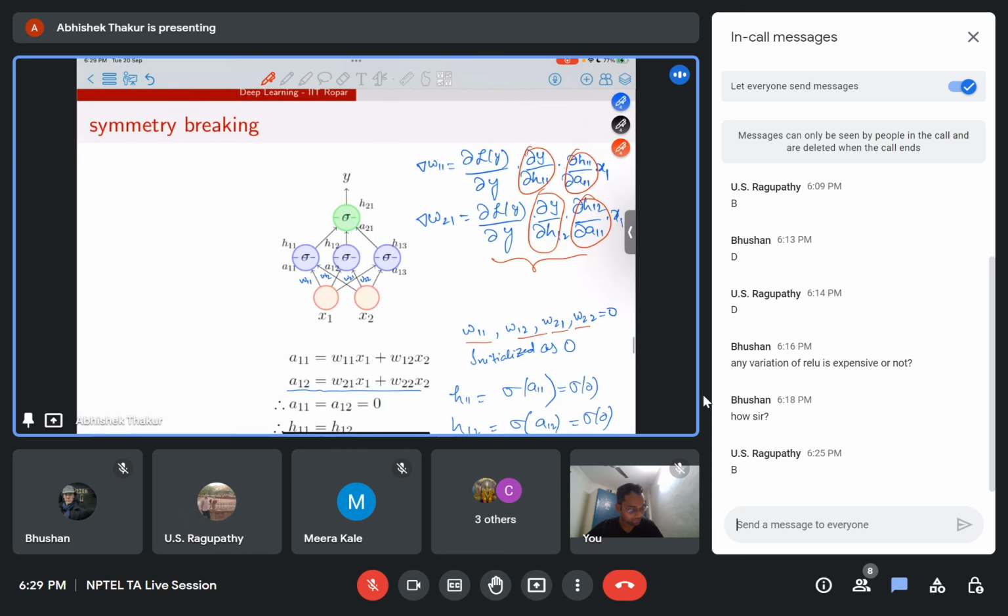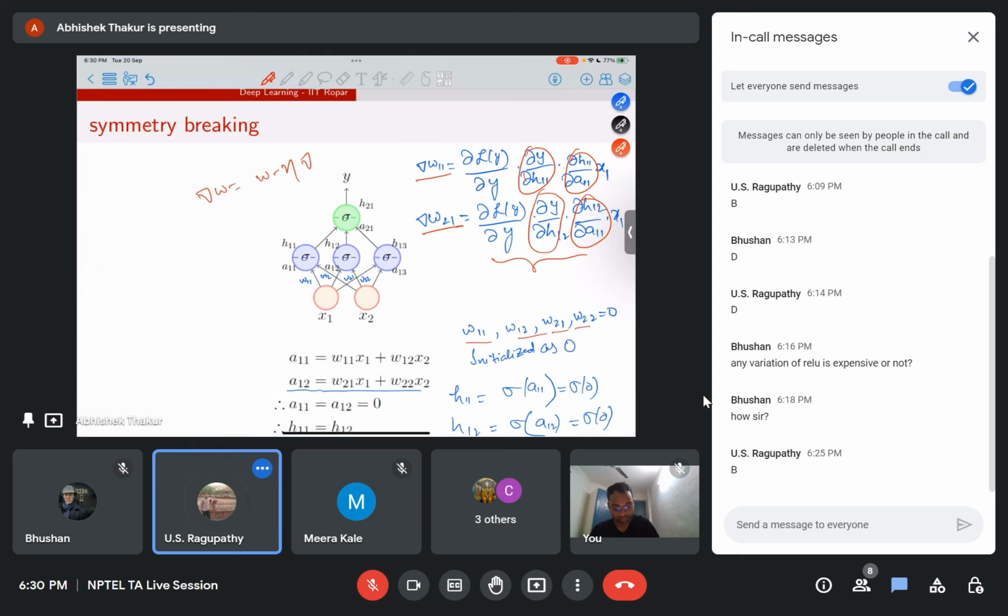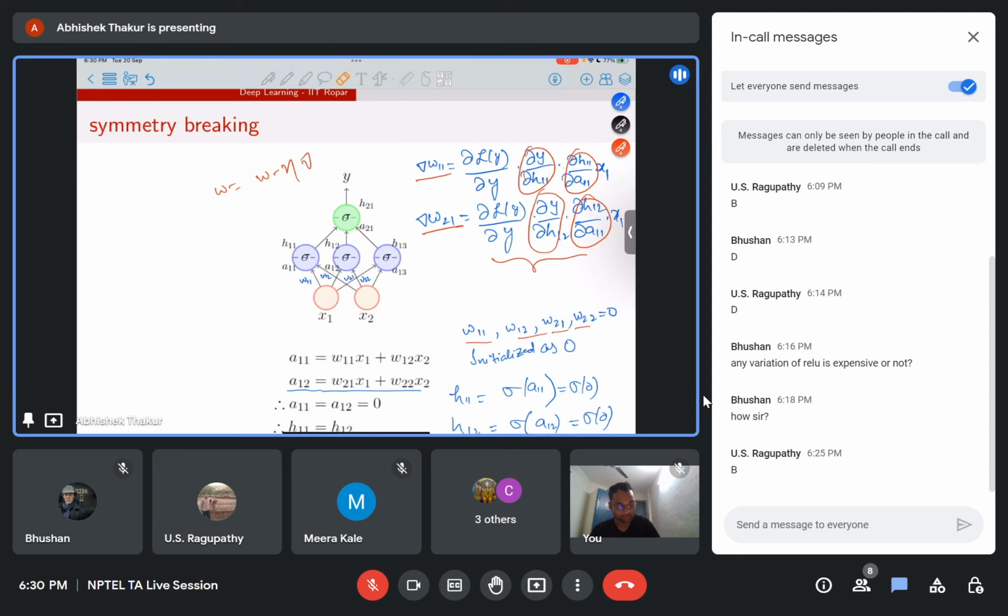Because here also, del h1 and del h2 will become the same, and this derivative will become the same, so this gradient is equal, and then in the update rule also it will be equal, because the update depends on the gradient. So the gradients become equal when the weights are initialized as 0 or as the same value.